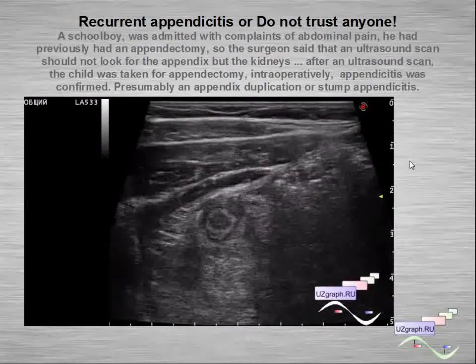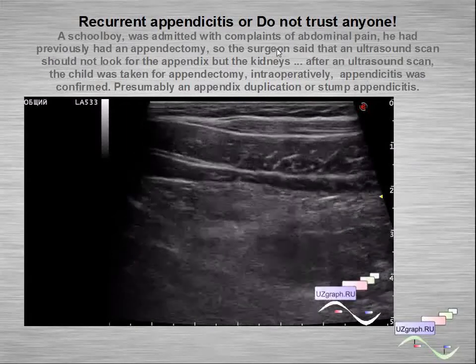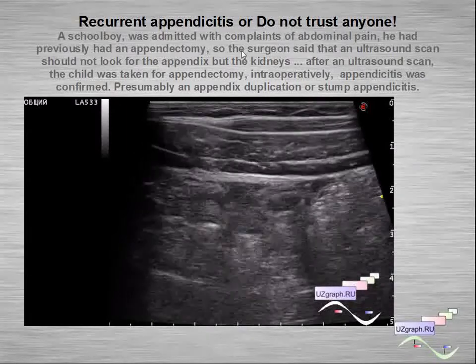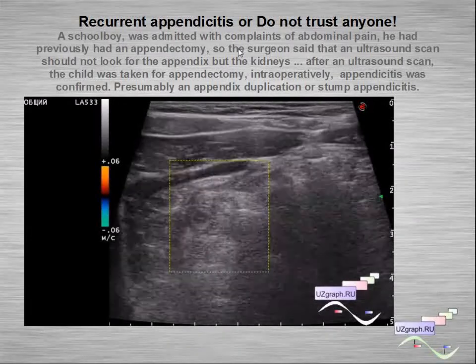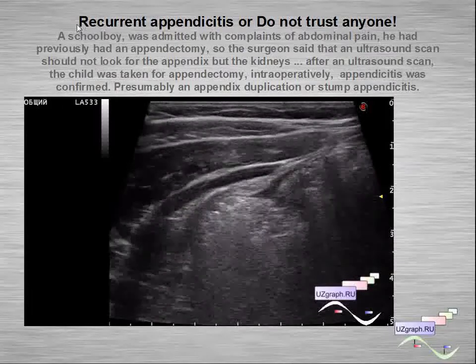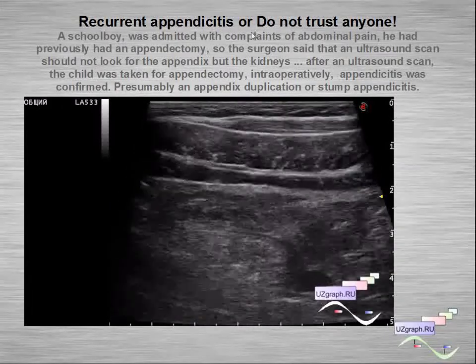Another case of appendicitis, and it's interesting because it was the second appendicitis in one child. We can call it recurrent appendicitis, or we can call this case "do not trust anyone."